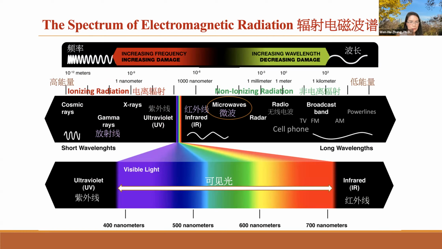On the right, these are lower energy, longer wavelength, so the energy is not as intense as the left side. These are the non-ionizing radiation, like infrared, microwaves, radio, and our cell phones use this non-ionizing radiation with lower energy levels. And visible light is right in between.